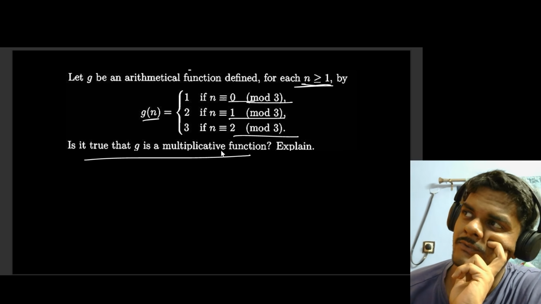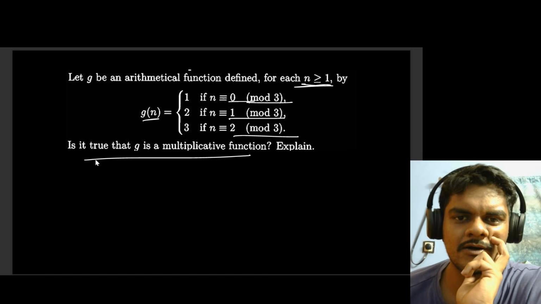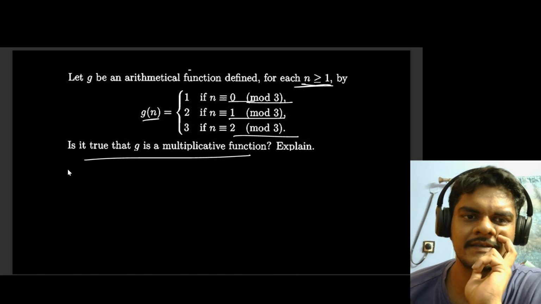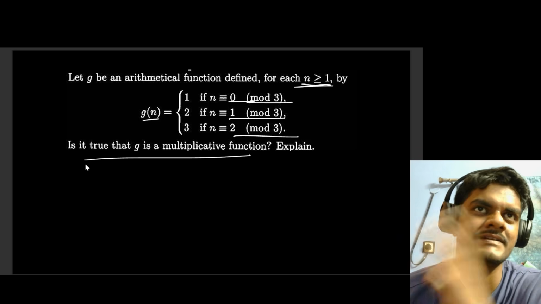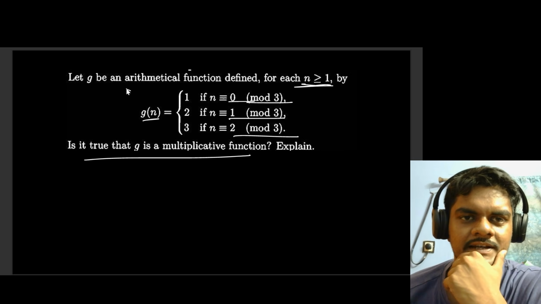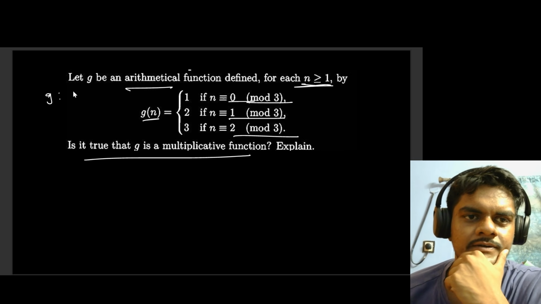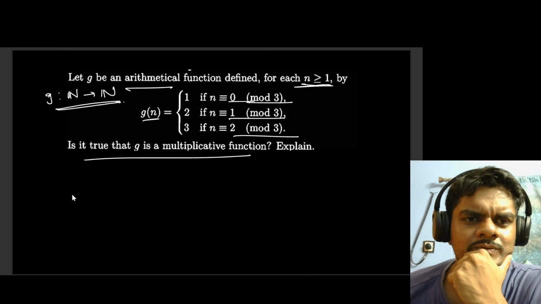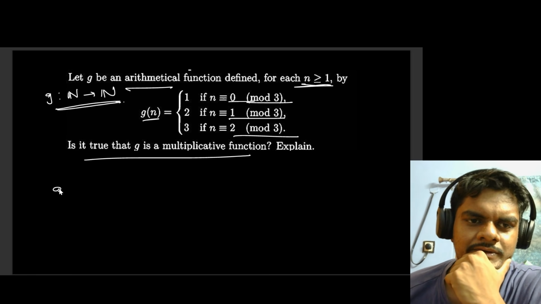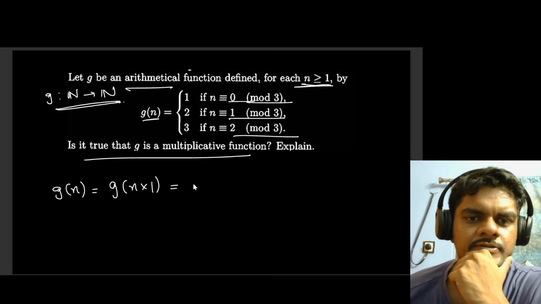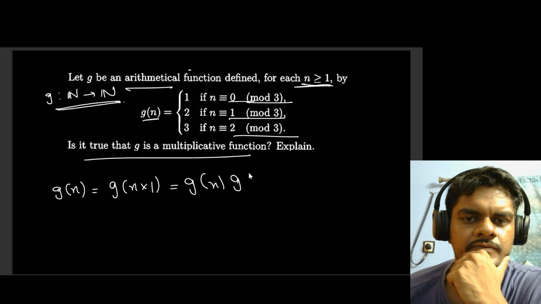So first of all, the characteristic of a multiplicative function is that it takes only non-zero values, only values in natural numbers, because it is an arithmetical function. That means the domain and codomain both are N only. Now, what does that mean? G of n is never zero. So G of n is equal to G of n into 1, which will be equal to G of n into G of 1.